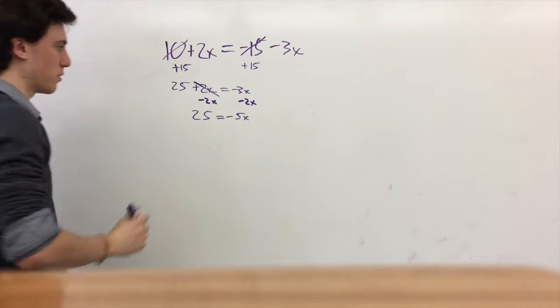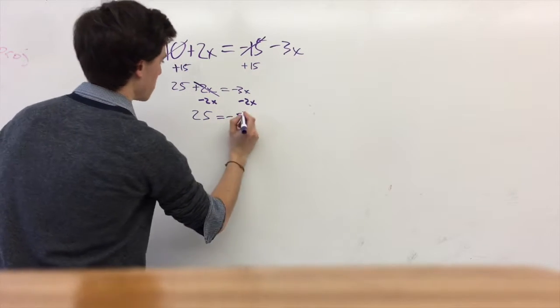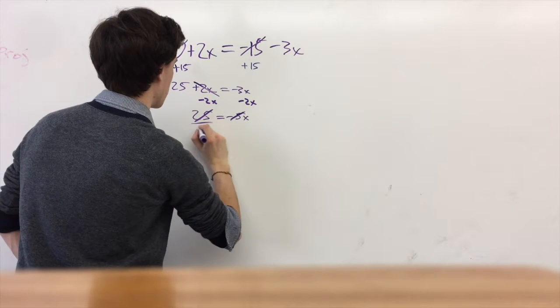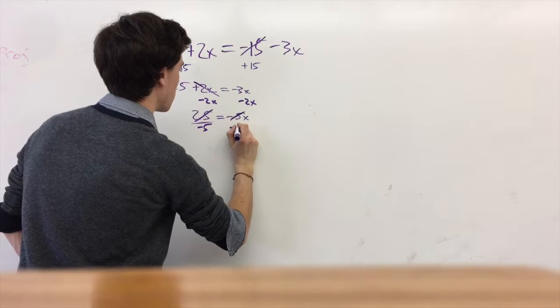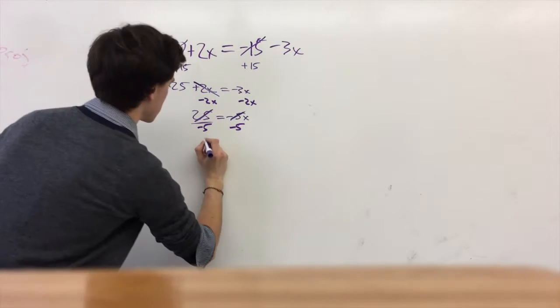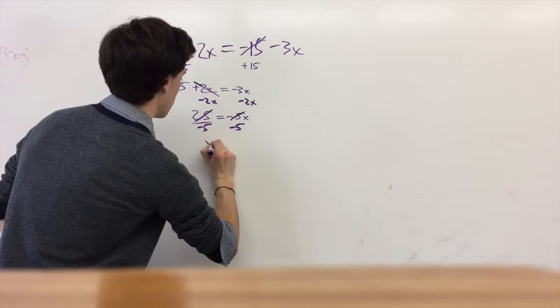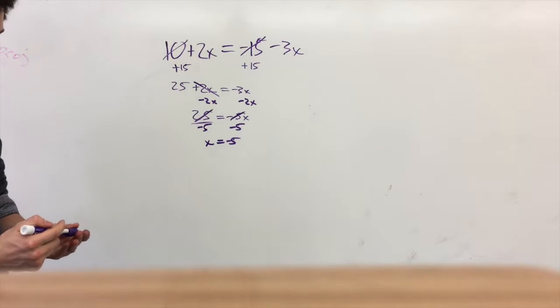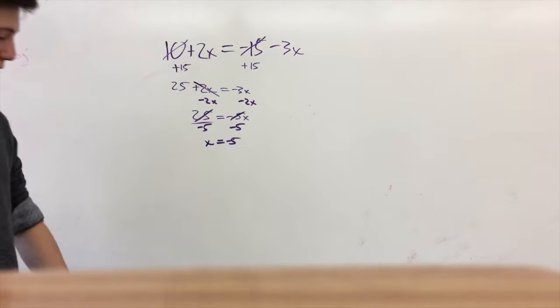And then we can simply divide both sides by negative 5. That isolates the x. We're left with x equals negative 5. That's your answer.